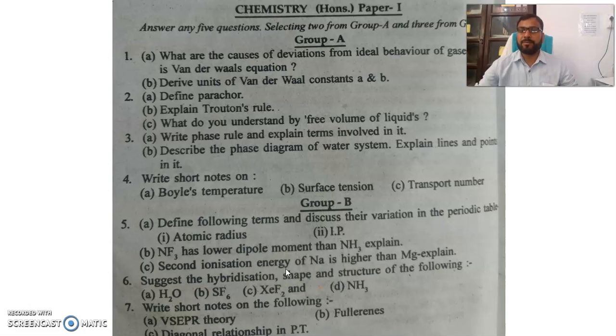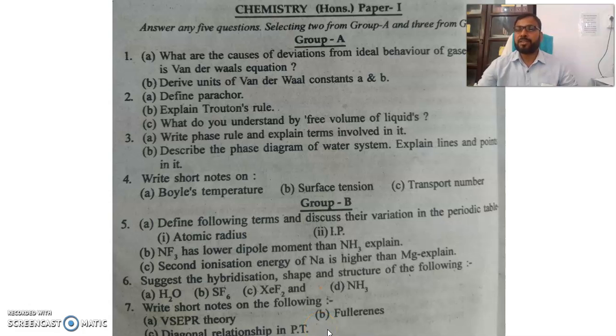Explain. These are reasoning questions. Suggest the hybridization, shapes and structure of the following: water, SF6, XeF2 and ammonia.